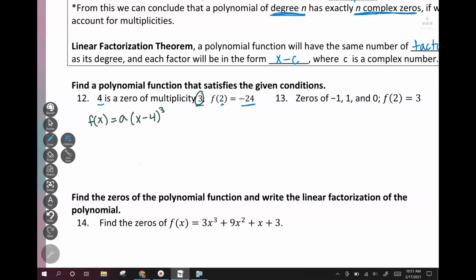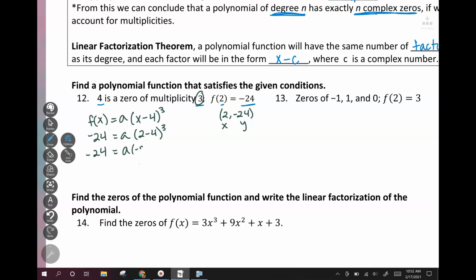And that's the purpose of them giving us that when x equals 2, y equals negative 24. So that's the point (2, negative 24). So we're going to plug in 2 for x, negative 24 for y. And that allows us to solve for that coefficient a. Okay, 2 minus 4 is negative 2.